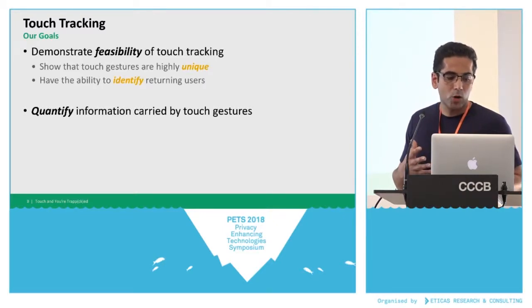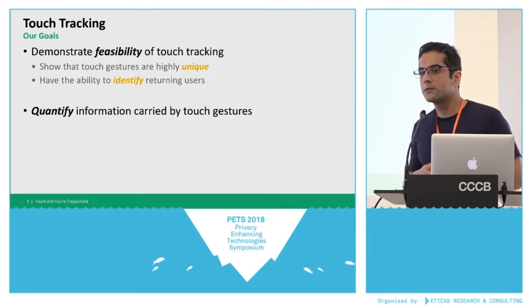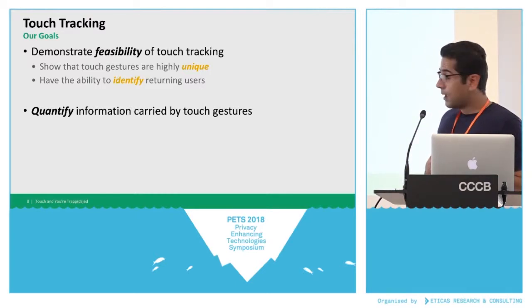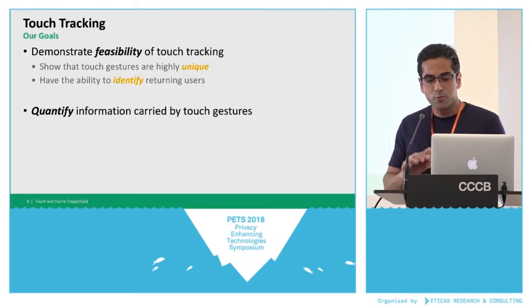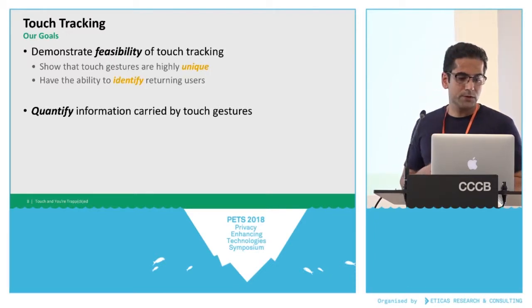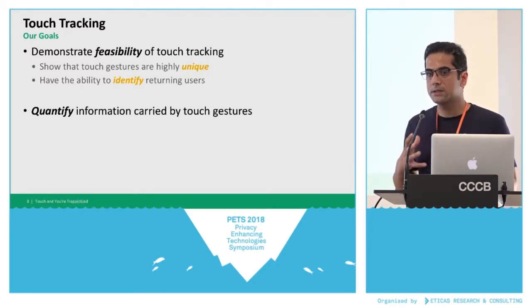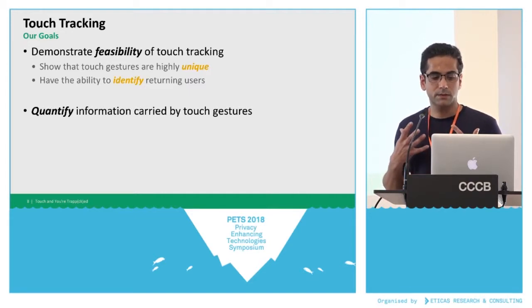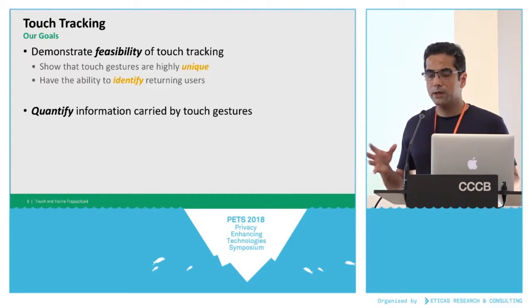The goal of our work was to show that touch tracking is feasible, and there are two parts. One is that we wanted to show that touch gestures, by which I mean swipes, taps, or any other gestures we use on devices with a touchscreen, are highly unique.